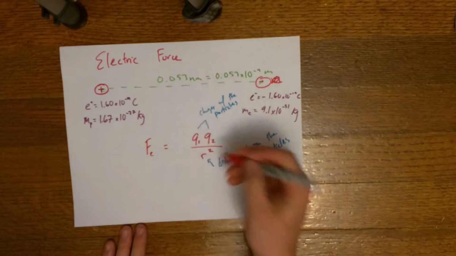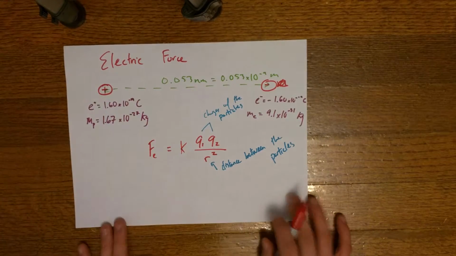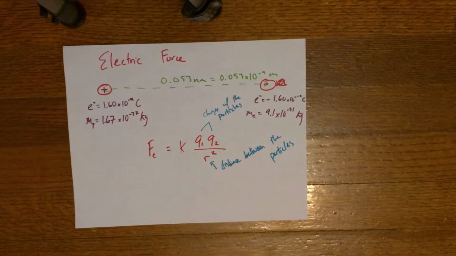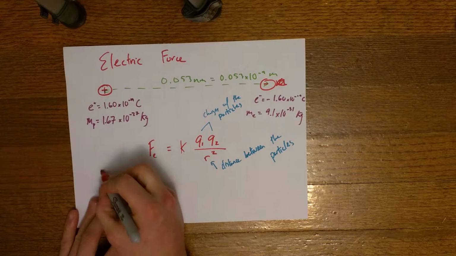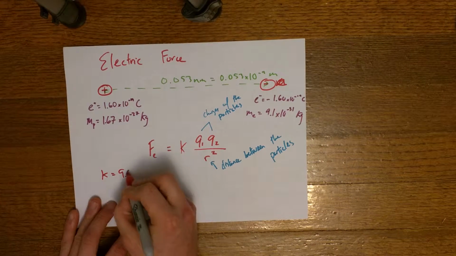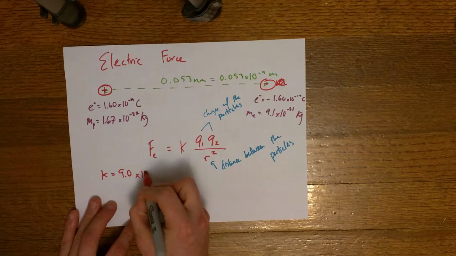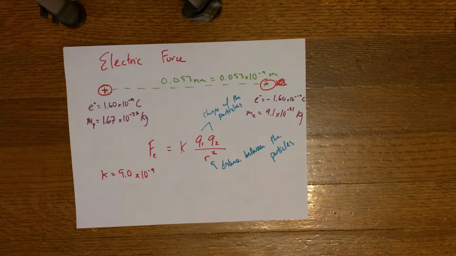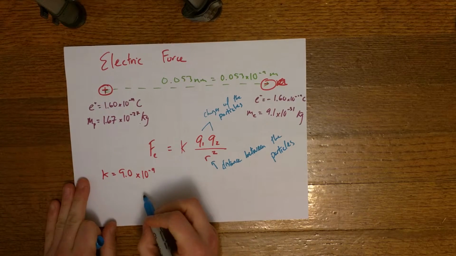We could also figure that it's related to these terms and possibly times a constant k, where k is 9.0 times 10 to the 9th. And this looks very similar to Fg, right?